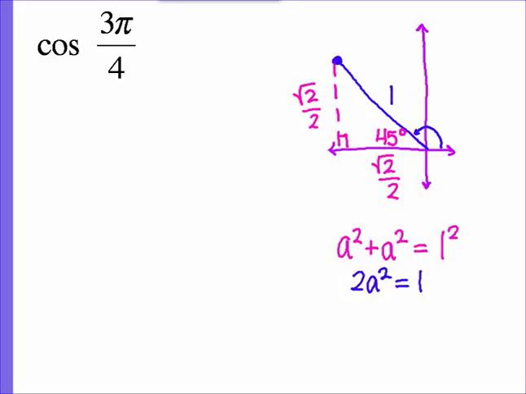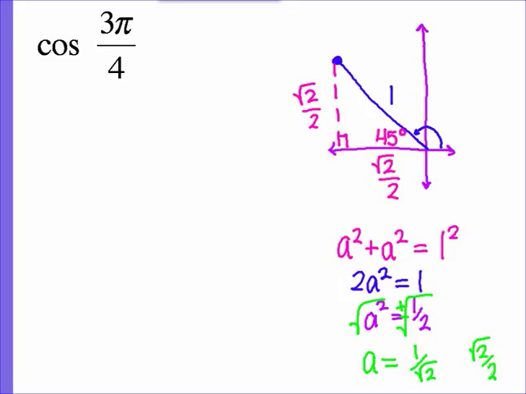If you divide by 2, you get a squared equals 1/2. Next step is to undo a square, which is the square root. So I'm going to take the plus or minus square roots. And a equals 1 over root 2, which simplifies to root 2 over 2.